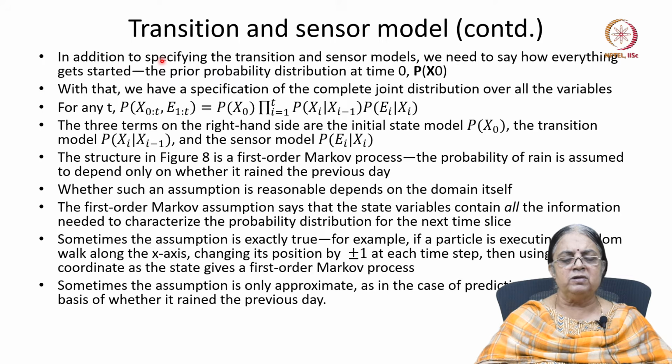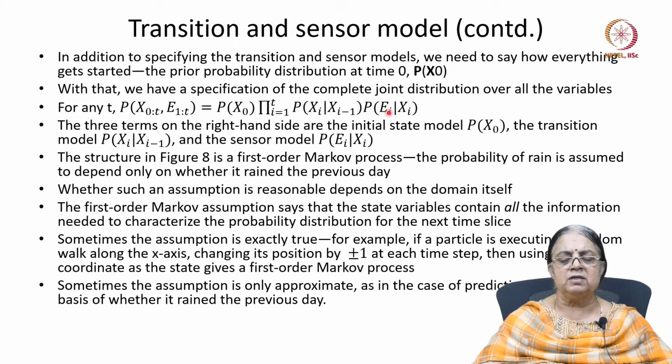So what we have here is the transition model and the sensor model, and we also need to know how you get started on this, that is the prior probability distribution P of X_0. So once you have these three, then you can have a complete joint distribution. For example, probability of X from 0 to t, E from 1 to t is equal to P of X_0 into, if you take every time step i equal to 1 to t, you have these two probabilities.